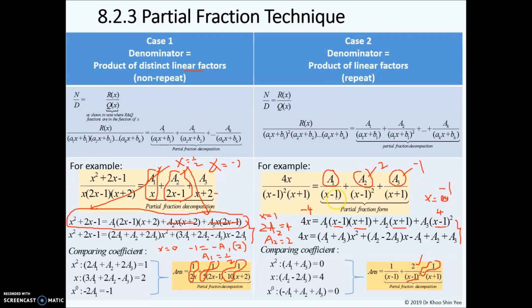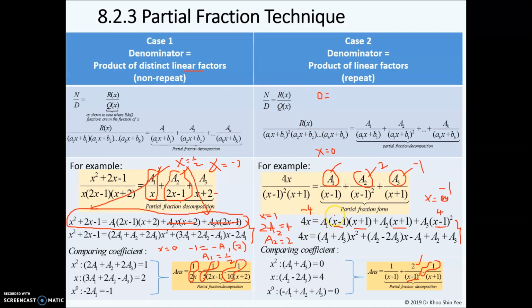So for the repeated case, if you choose x equal to 1 and negative 1, you can cancel off the factor easily and directly get a2 and a3. To find a1, you can substitute x to be any number. To make it easy for the calculation, you can let x equal to 0. On the left hand side, 4 multiply x, you get 0.